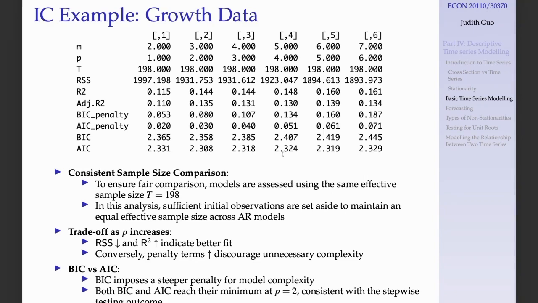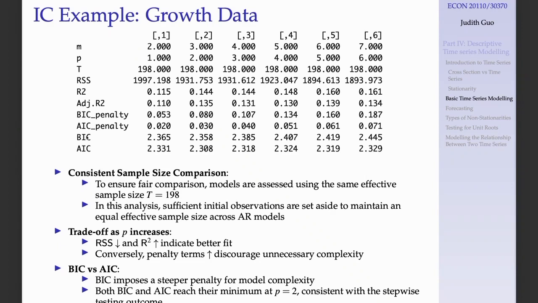And the AIC penalty, which is equal to M times 2 over T, is also increasing in the number of parameters. If we compare the two penalty terms, we can see that the BIC is always larger than the AIC. So the BIC imposes a heavier penalty than the AIC, meaning it tends to choose a smaller model. It has more resistance against increasing the number of parameters.